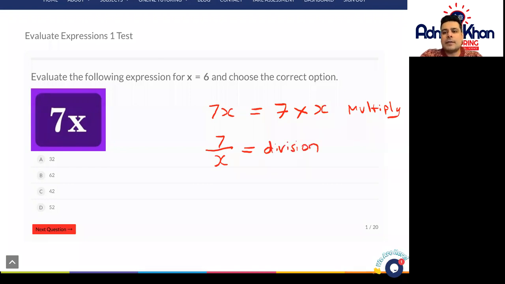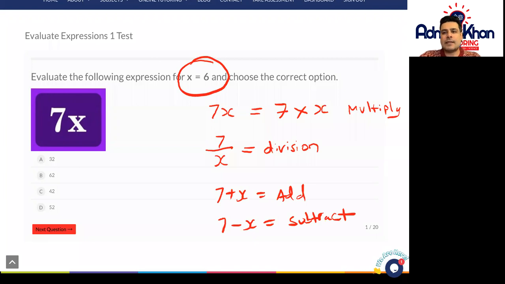If we have 7 plus x, in this case we just add. And again, same thing, if we had 7 minus x, then we subtract, okay? So here, for this first question, we know that x stands for 6.